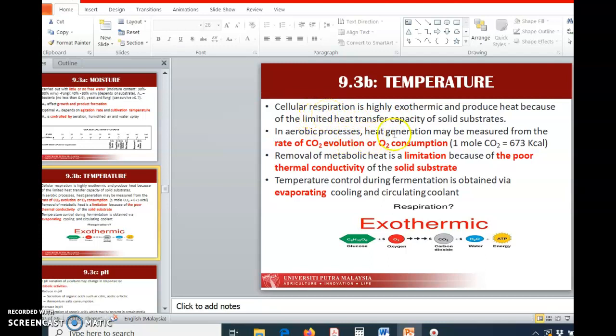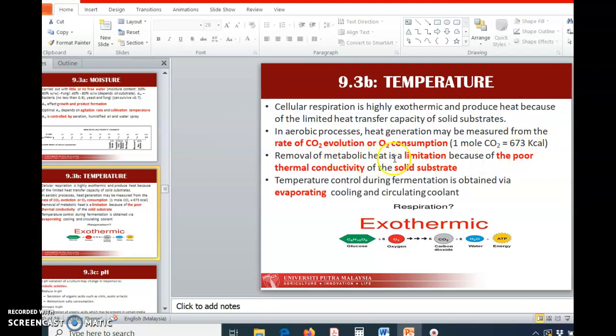In aerobic processes, heat generation may be measured from the rate of CO2 evolution or O2 consumption. As you can see here, they calculate that 1 mole of CO2 is equivalent to 670 kilocalories, and therefore it will produce a certain amount of heat, which comes together with the energy that is being produced.